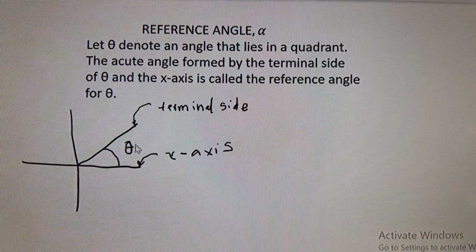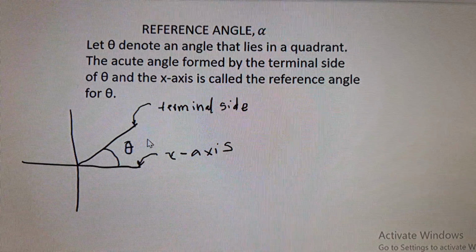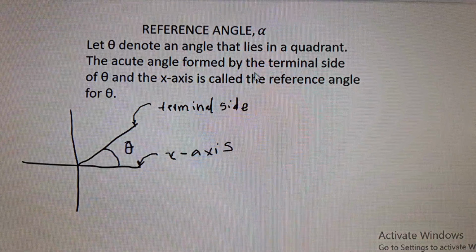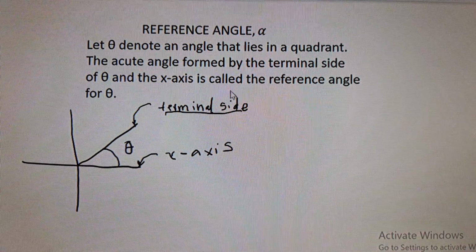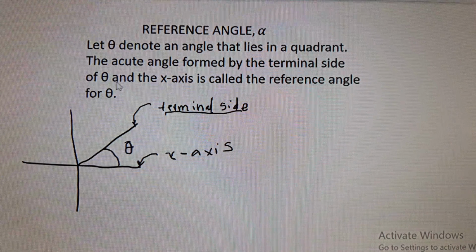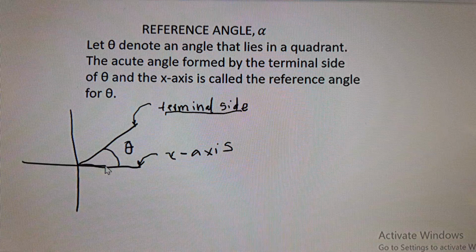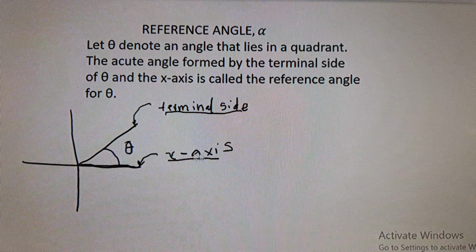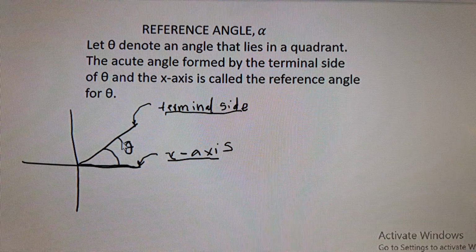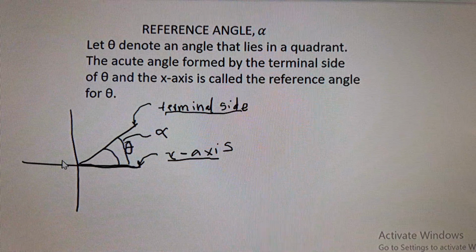So for this given angle, we have a reference angle, and that reference angle is the acute angle formed by the terminal side of theta and the x-axis. This is the x-axis right here. So for this angle, the reference angle is also theta. We're going to call it alpha.